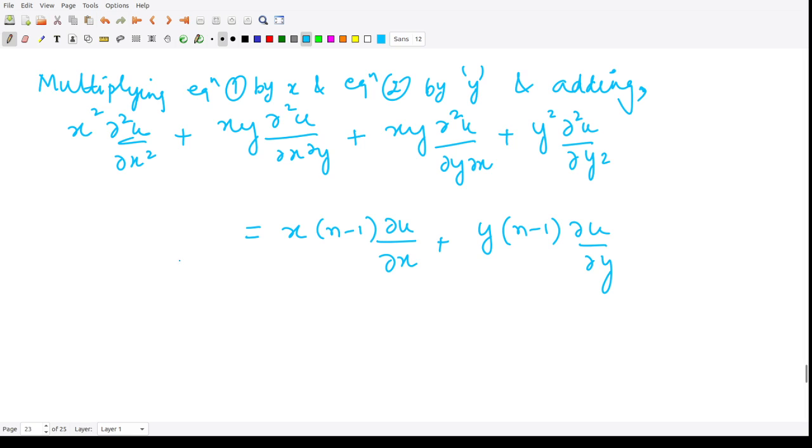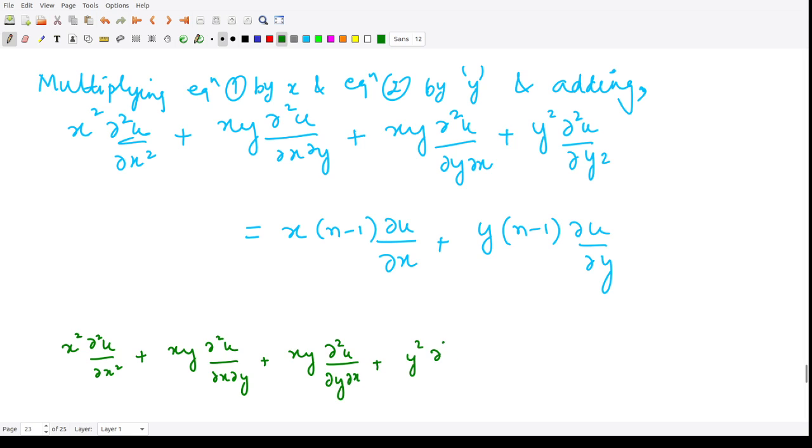Now let us rearrange the terms and see what we have. When you rearrange these, you would have x square into del 2u by del x2 plus xy del 2u by del x del y plus xy del 2u by del y del x plus y square del 2u by del y square, that is equal to n minus 1 common from these two terms.